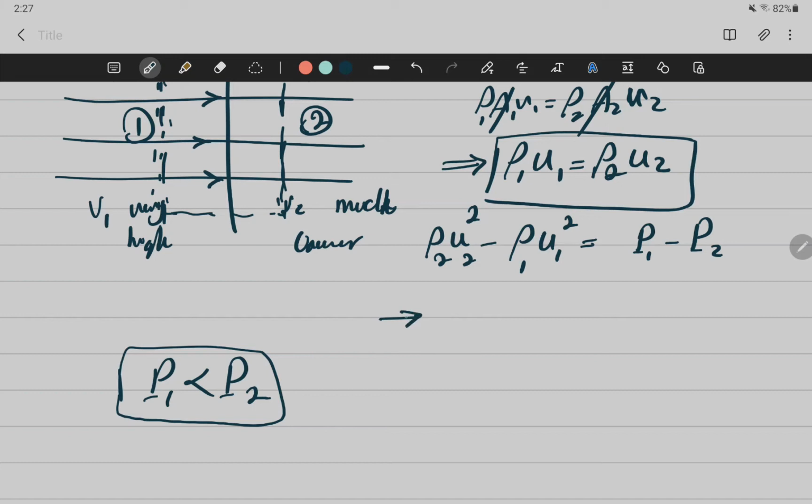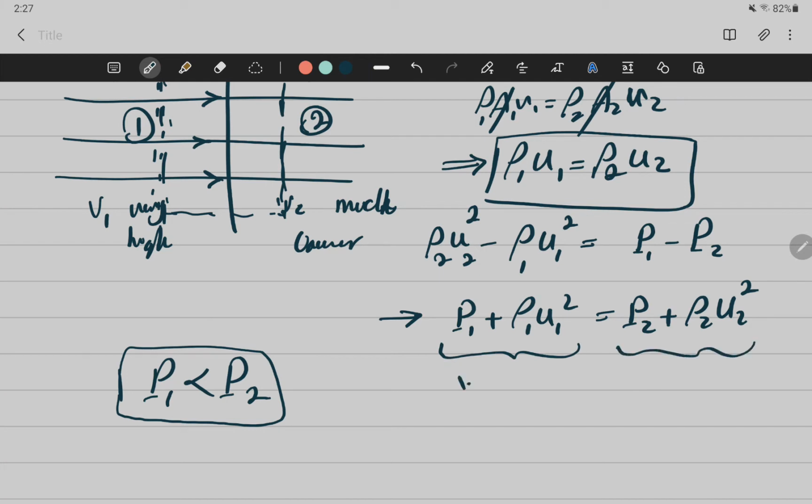Or we can actually move the pressure to one side. Move all of the properties of the outlet to one side, all of the properties of the inlet to the other side. This stands for fluid impulse, but we will talk about it later.